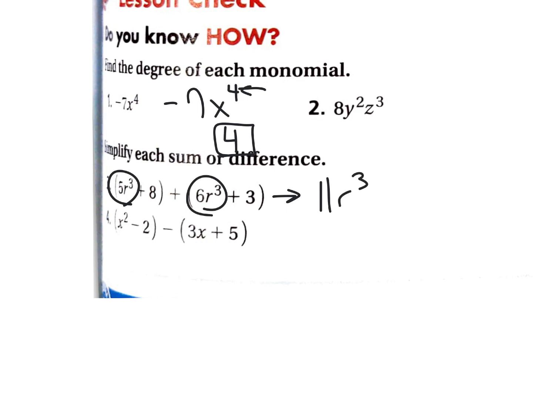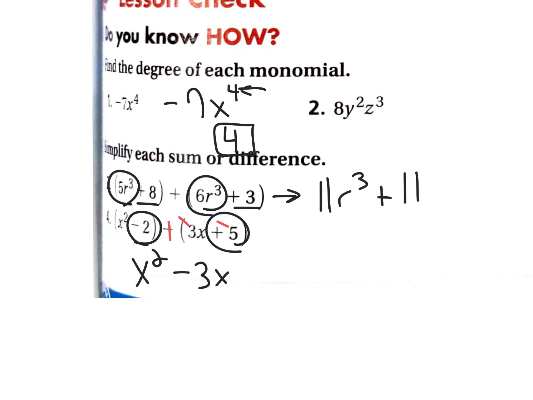That would be 11r cubed plus 11. Number 4, we're subtracting, so you can add the opposites there. Some of these don't have like terms, so you can just bring them down. And then, so x cubed minus 3x minus 7, or plus negative 7.